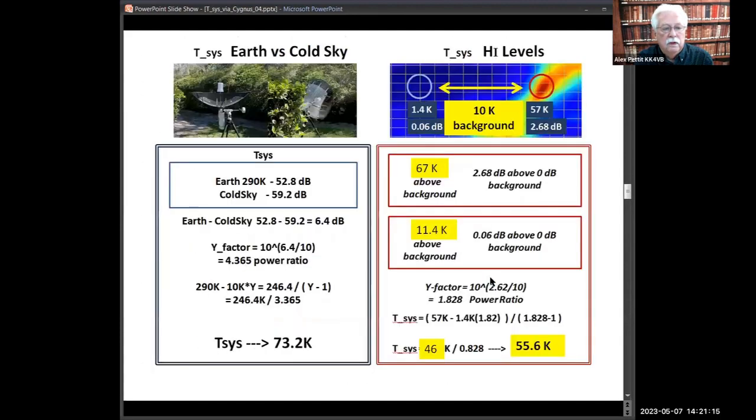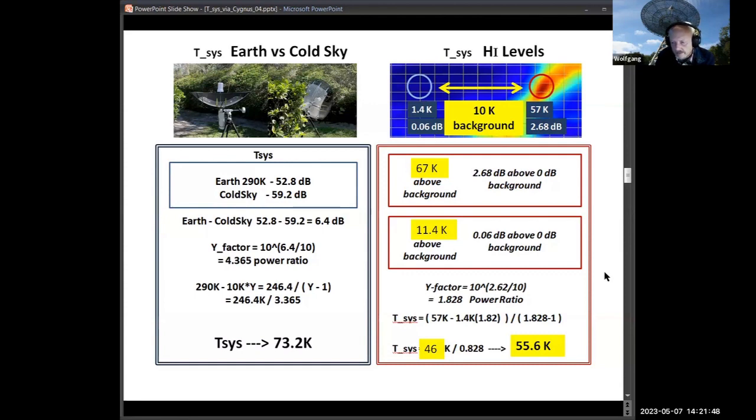Let me see, Wolfgang. Yeah, I guess that's the one. This one? Yep. Okay. Now, I still want to have a look at more detail, but I think there is an issue with that. If you go on the hot side at 57 Kelvin, you have a brightness temperature of 57 Kelvin from the hydrogen, but you do not know what is the background behind that, because you will have a continuum background.